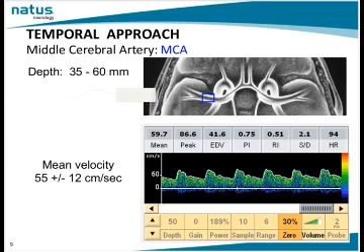The mean velocity listed here is 55 plus or minus 12 centimeters per second. These are typical velocities. Patients can have slightly higher flow velocities than listed here or lower, just depending on their own hemodynamics. But what we want to observe in this situation, we see that our mean flow velocity is about 60 here, and our waveform is above the baseline, indicating flow towards the transducer.